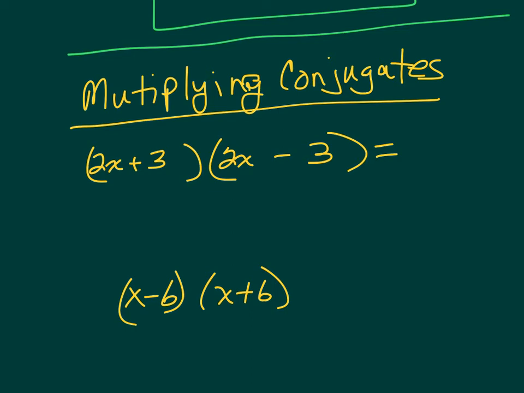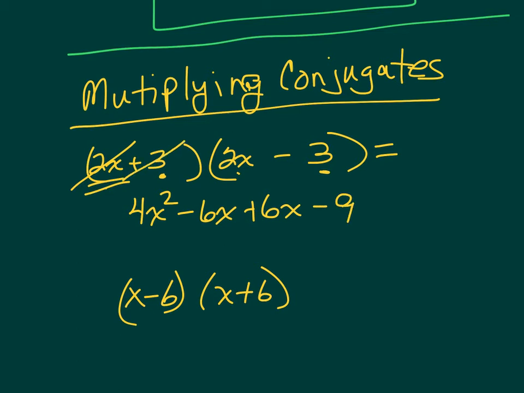Okay, so here we go. Let's distribute the 2x. 2x times 2x is 4x squared. 2x times negative 3 is negative 6x. Done with the 2x. Let's do the 3. 3 times 2x is 6x. 3 times negative 3 is negative 9.